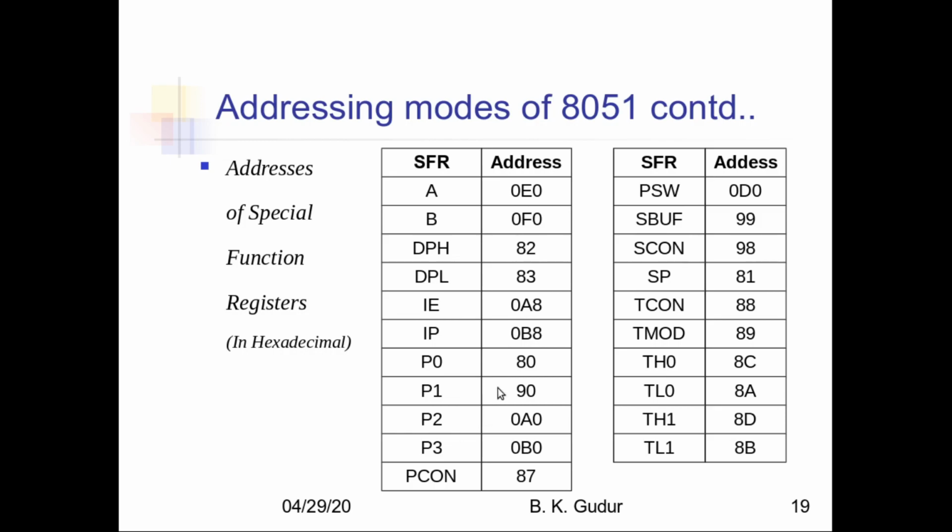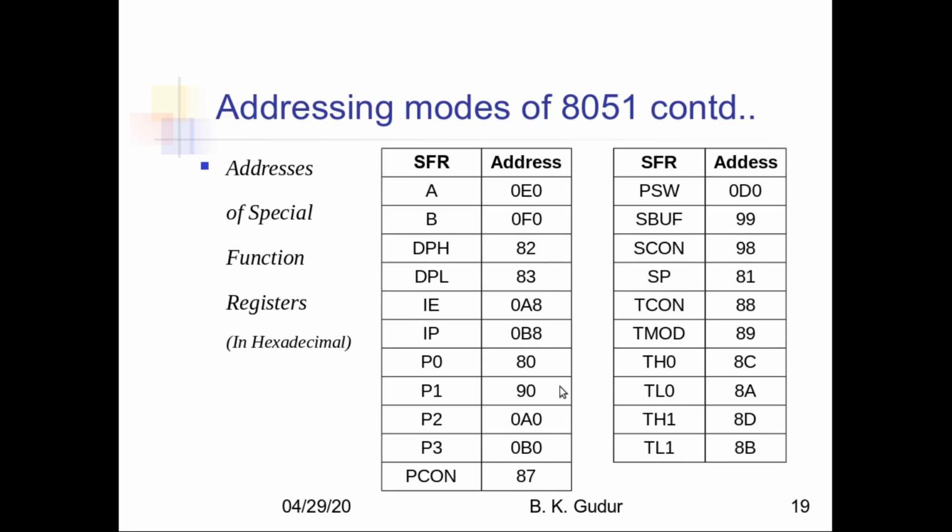P0 to P3 are 80, 90, A0, B0. PCON is 87, PSW is D0. SBUF is 99, SCON is 98. Stack pointer is 81. TCON, TMOD are 88, 89. TH0, TL0, TH1, TL1 are 8C, 8A, 8D, 8B.